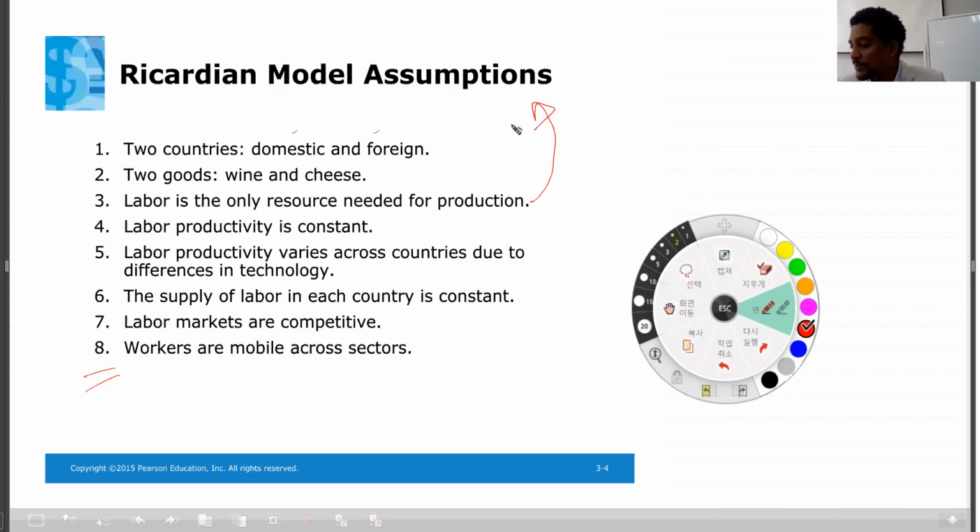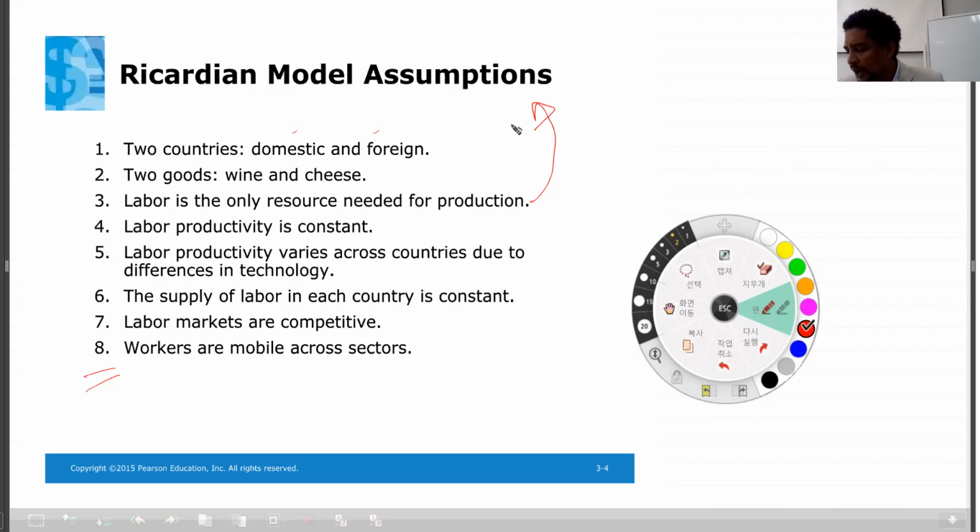And the sixth assumption is the supply of labor in each country is constant. So we don't think that there is a lot of labor here and few labor here. We think that supply of labor in each of these two countries is constant. And the seventh assumption is labor markets are competitive, okay? Competitive in a sense, if you pay more, you'll get more labor forces.